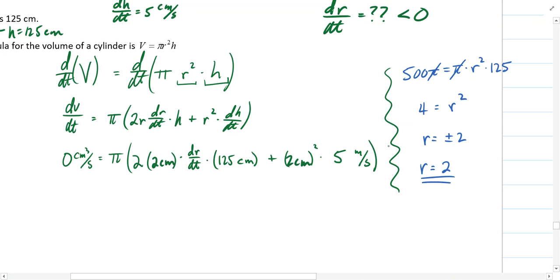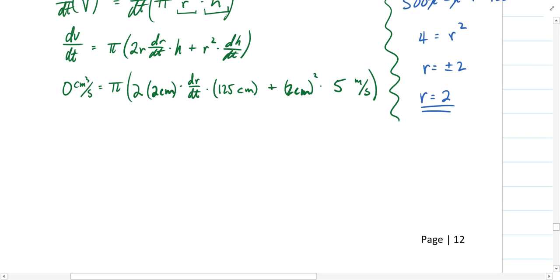Now, it may be worthwhile to combine like terms and simplify a little bit. So I'm going to note that the dV/dt is still 0. We've got pi, and now 2 times 2 times 125. So that's 500. And our units there are centimeters squared, because we have 4 centimeters times 125 centimeters.